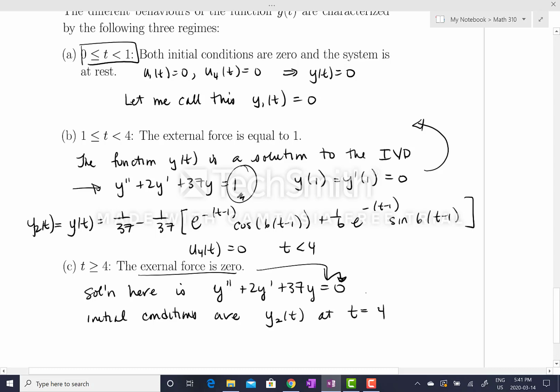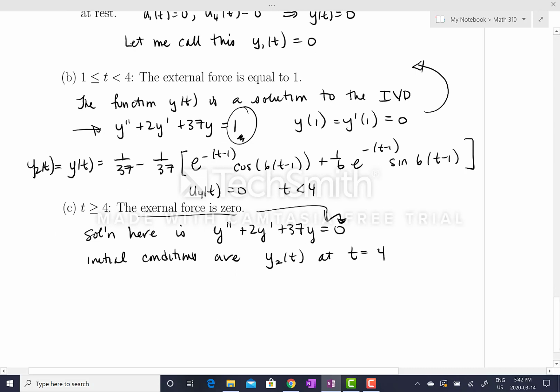We can solve this differential equation in pieces if we like, or we can do it like we did on the previous problem, where we solved it all in one piece. This is what the initial conditions are at t equals 4. That's going to be y2 of 4 and y2 prime of 4.